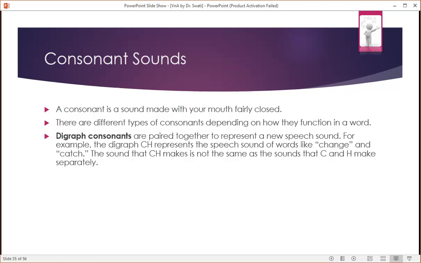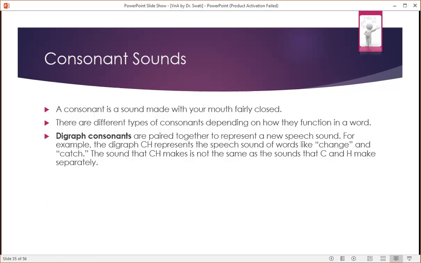Let's say, for example, CH. C is a consonant, H is a consonant, and together they represent the speech sound in words like change, C-H-A-N-G-E. CH in this word is giving a sound ch, change, okay? And when it is placed last in the word, it is again giving the sound ch. C-A-T-C-H, catch.